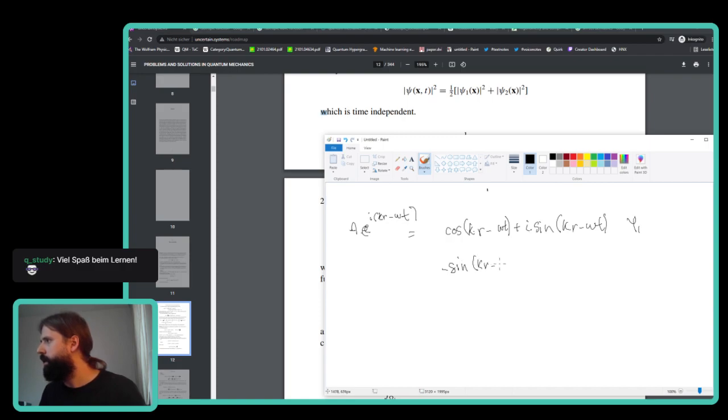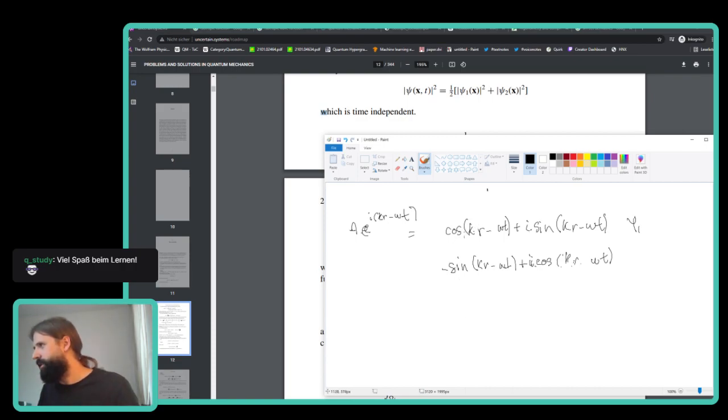So the derivative of these would be minus sine of (kr minus wt) plus i cosine. There's a lot of lag, but whatever. I don't know if that's going to pop up. And so now we're doing times that.